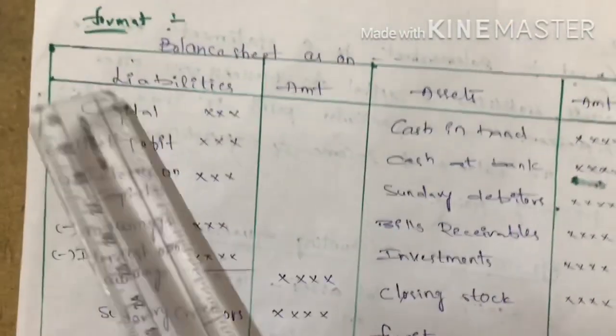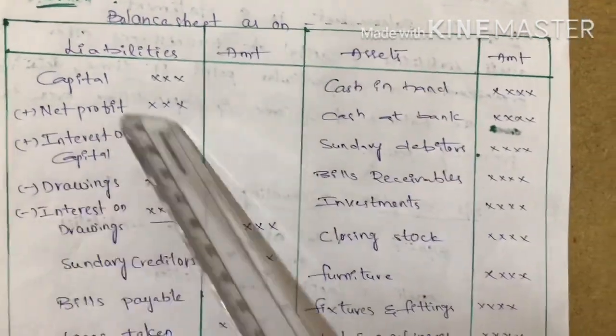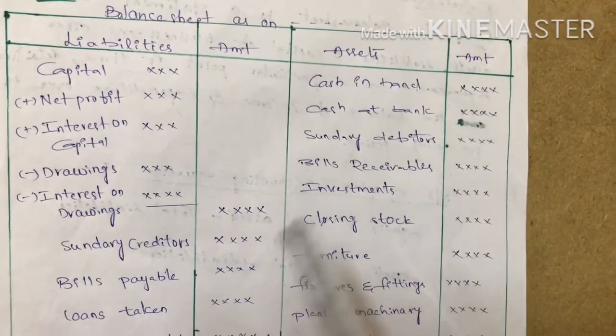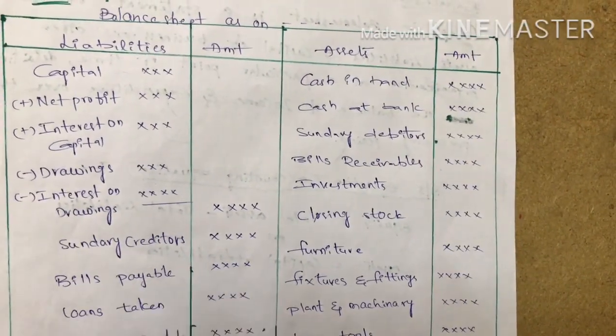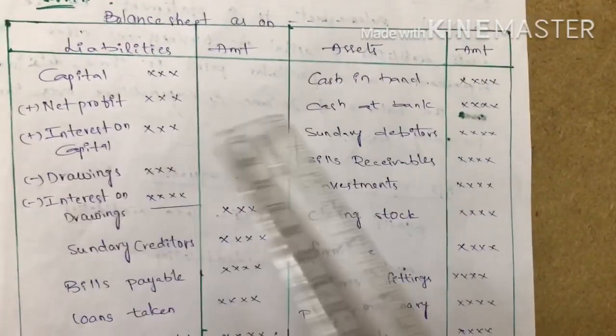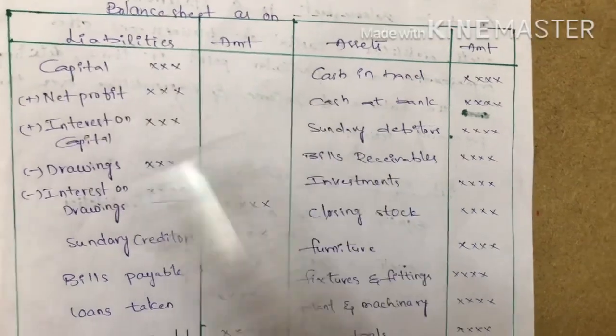The format of the balance sheet has liabilities, amount, assets, amount. In the previous section we wrote particulars, amount, debit and credit, but here you don't write debit or credit, you write simply liabilities and assets.